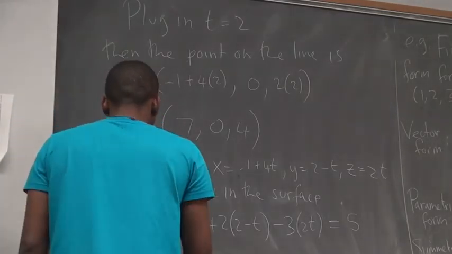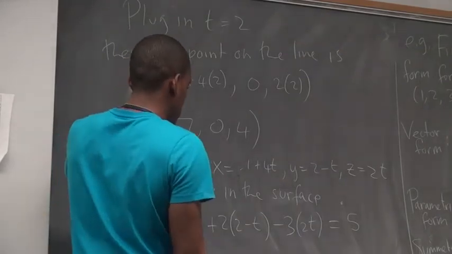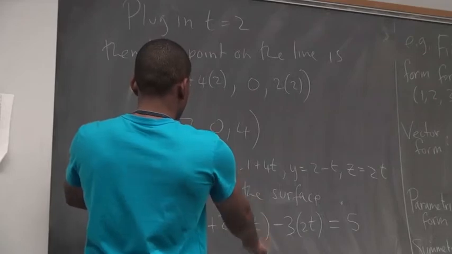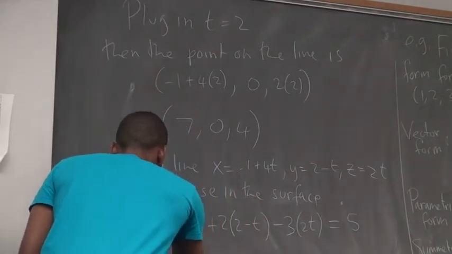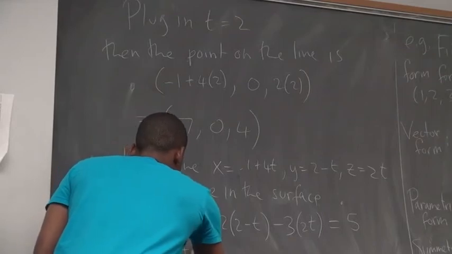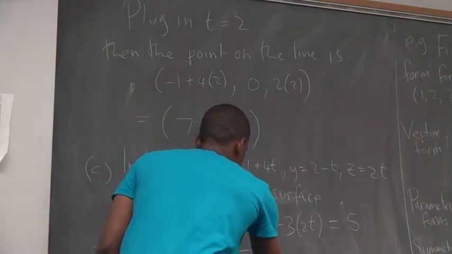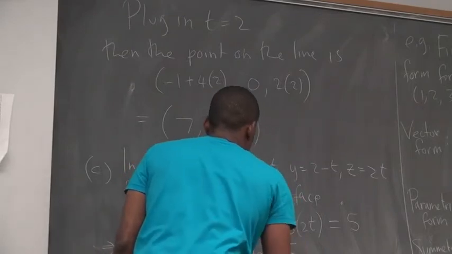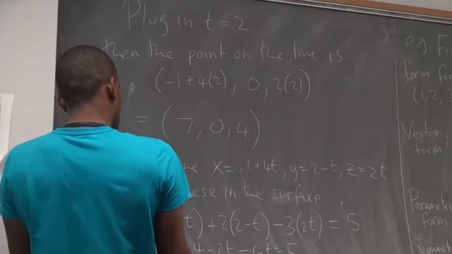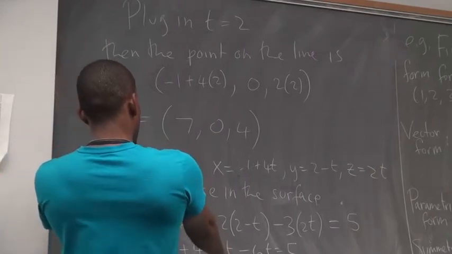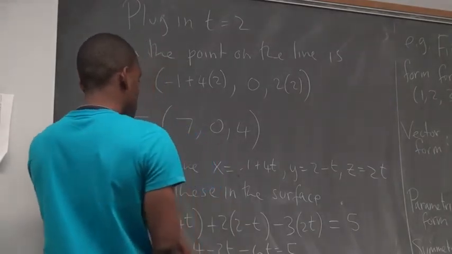So this would give me what? This is 4t minus 2. Should I just write it down? Okay, so we have 4t minus 2t, that's 2t, minus 6t, that's minus 4t.